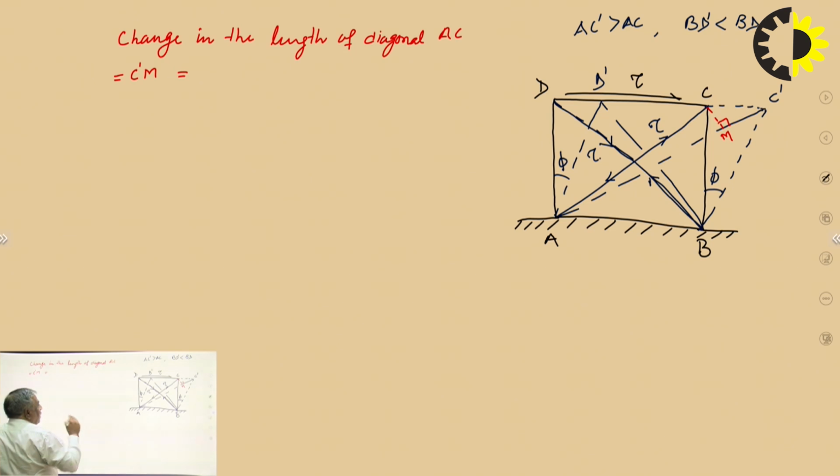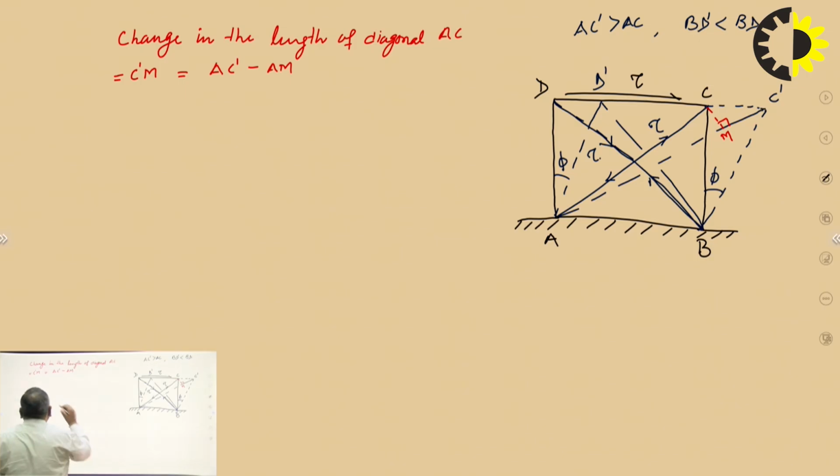C prime M is AC prime minus AM. This is C prime M, the change in length.